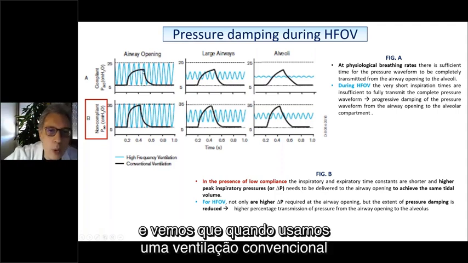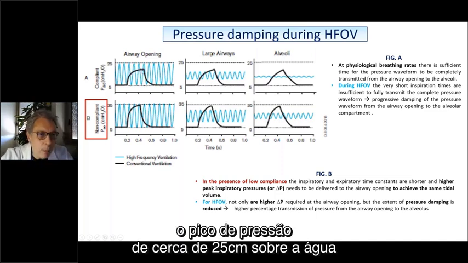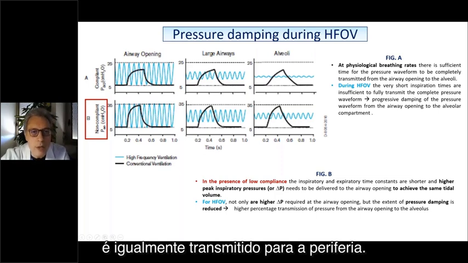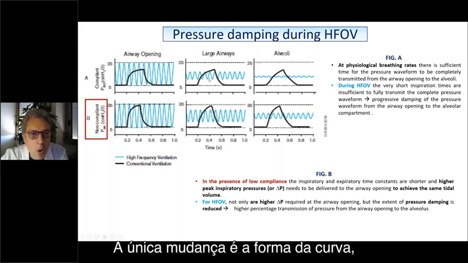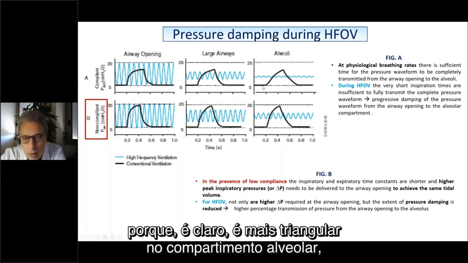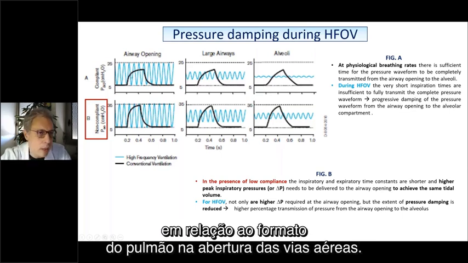And you see that when we use conventional ventilation, the peak pressure, about 25 centimeters of water, is equally transmitted to the periphery. The only change is the shape of the curve, because of course it is more triangular at the alveolar compartment with respect to the square shape at the airway opening.